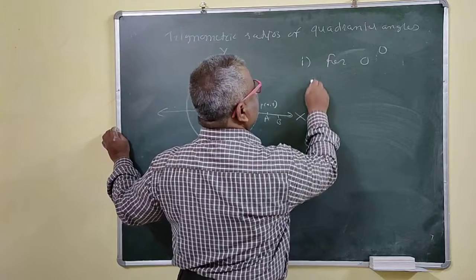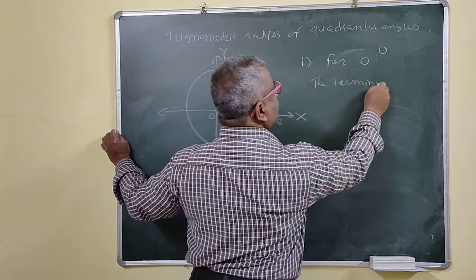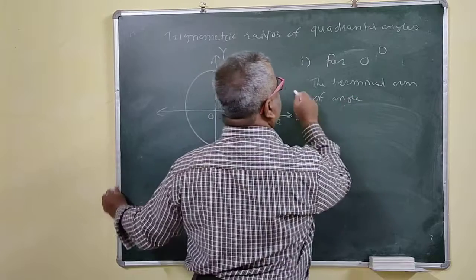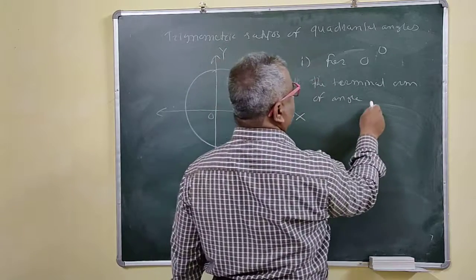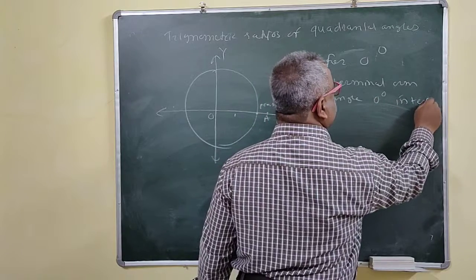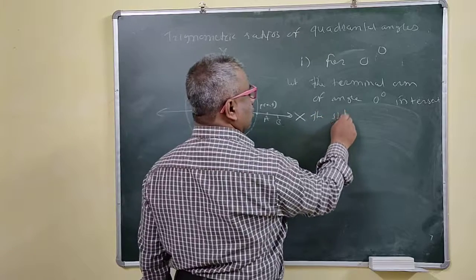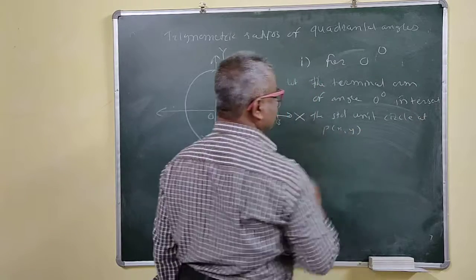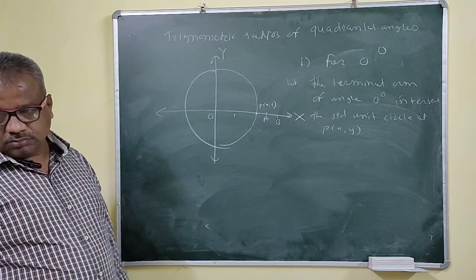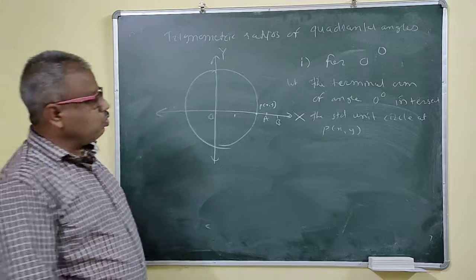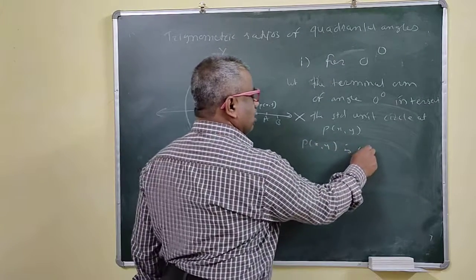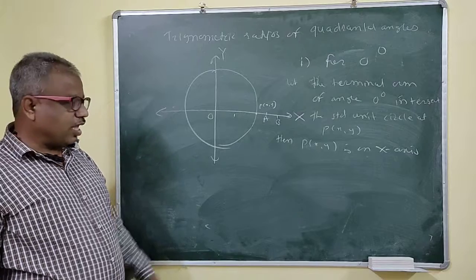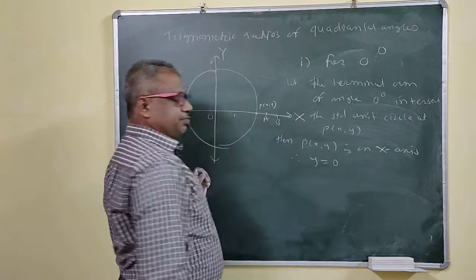Let the terminal arm of angle 0 degree intersect the standard unit circle at P(x, y). Then P(x, y) is on the x axis, and on the x axis therefore y is equal to 0.